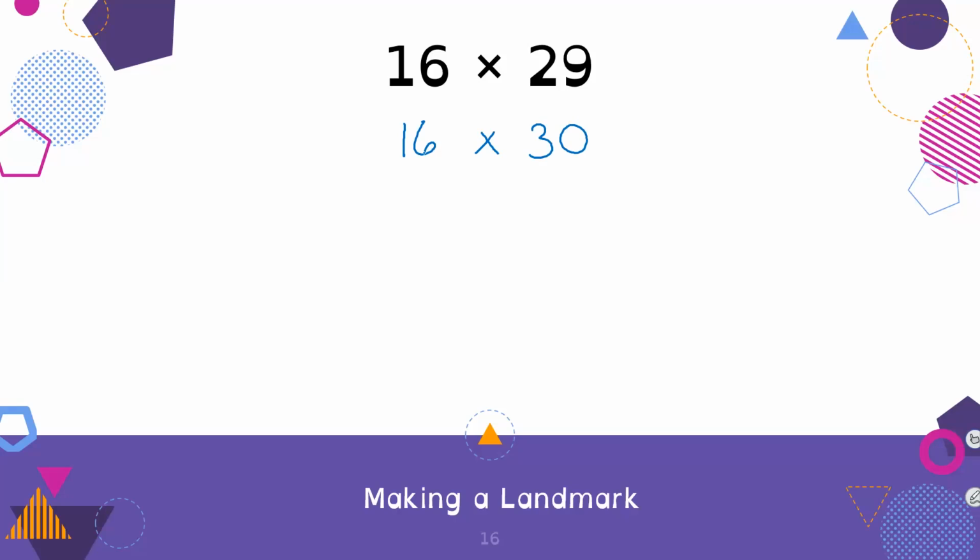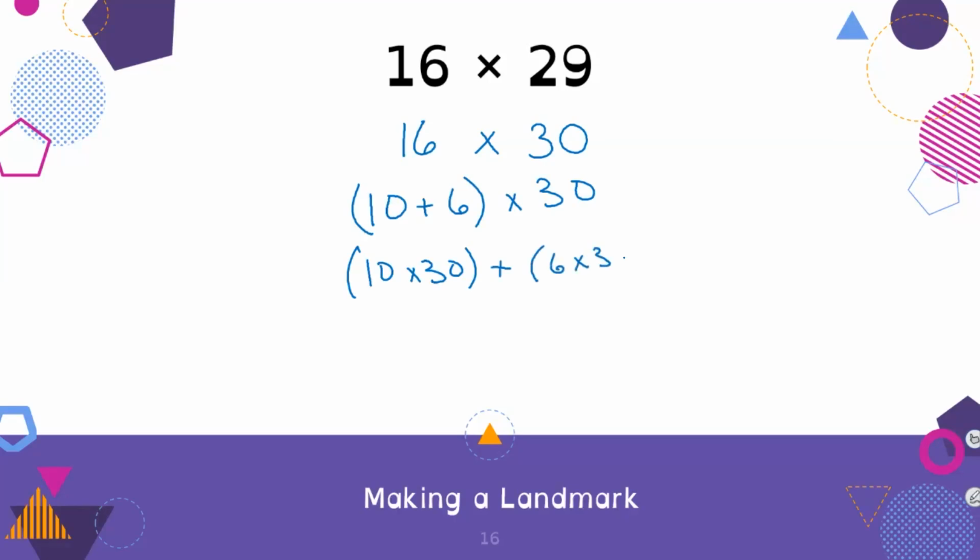So 16 times 30. I'm going to break my 16 into 10 plus 6, and I'm going to do 10 times 30 and then add that to 6 times 30.